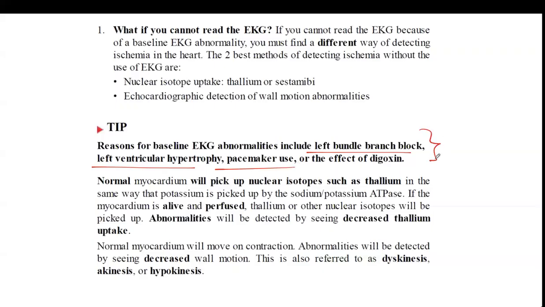So if there is any abnormality on that resting ECG, then you can't send the patient for the exercise test anymore. So what will you do? The best way at that time is that you send the patient for either a nuclear scan or you do a stress echocardiogram. Now remember, for this, you think that patient can exercise.